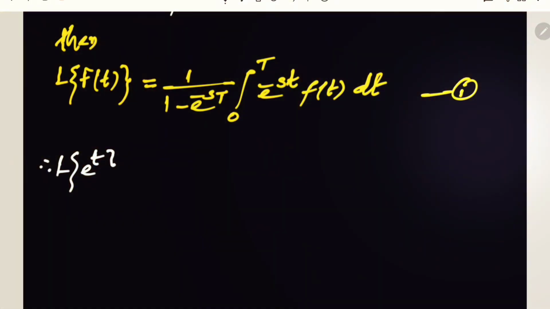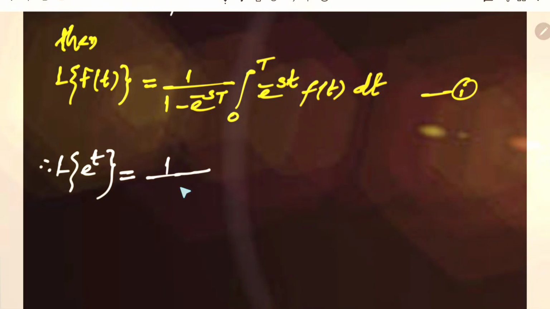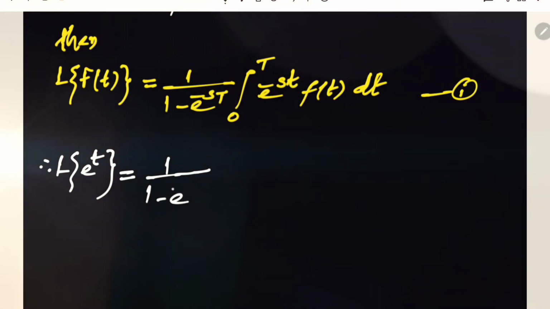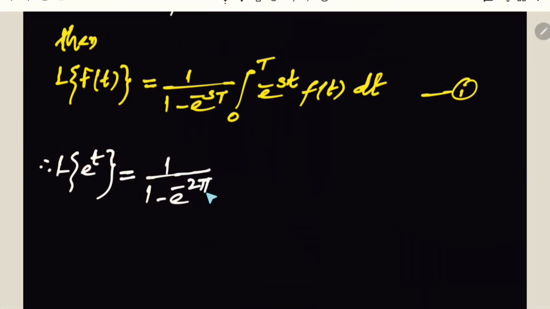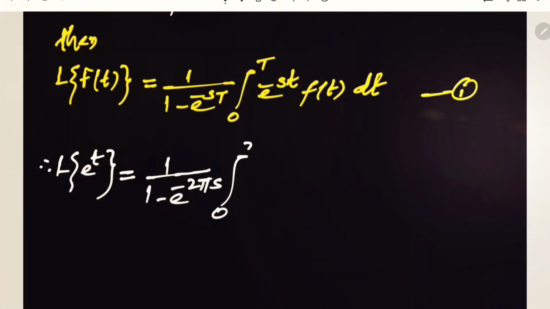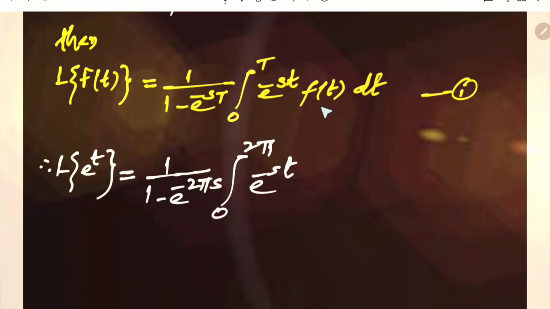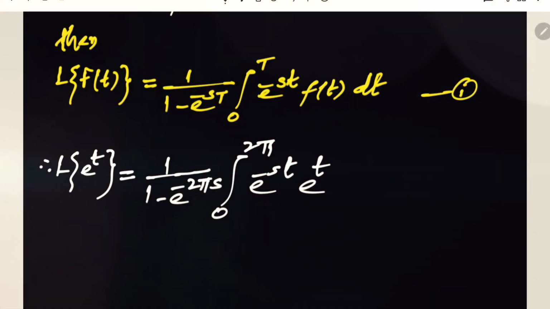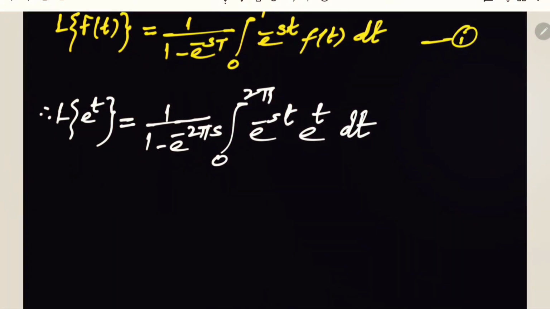Then substituting the value of T as 2 pi. Therefore, Laplace of e raised to t is 1 upon 1 minus e raised to minus 2 pi s, integration from 0 to 2 pi of e raised to minus st, and the function f of t is e raised to t. As the base is the same, we can add the powers.